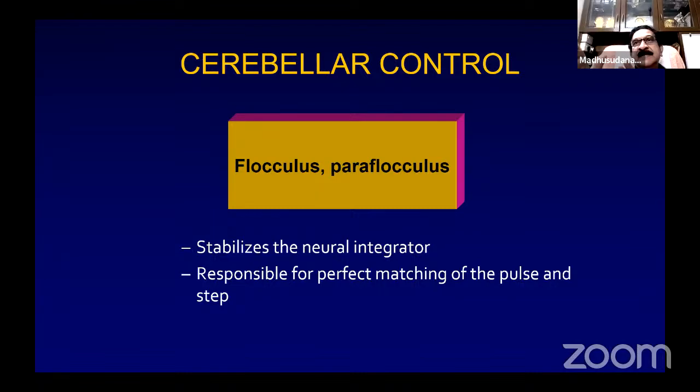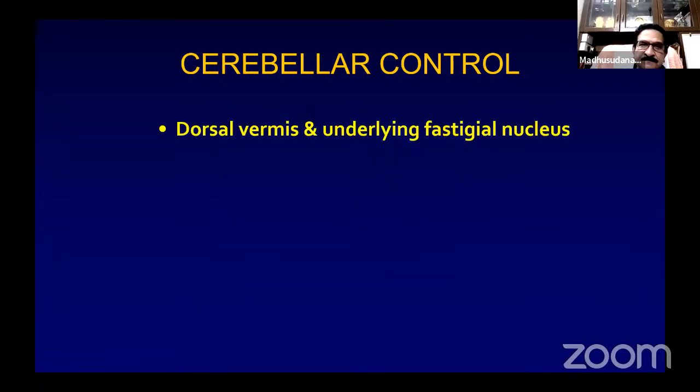That keeps the eye in the eccentric position so it does not go back to the primary position. That is the step innervation. The step is proportional to the pulse. So it is the neural integrator which calculates the necessary step for the pulse. It is responsible for perfect matching of the pulse and step.